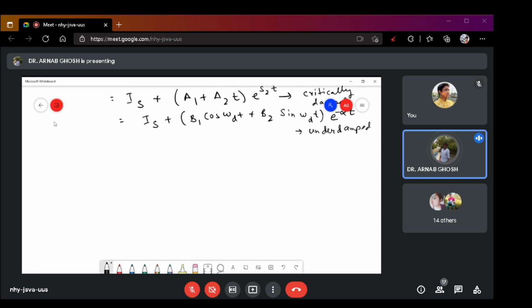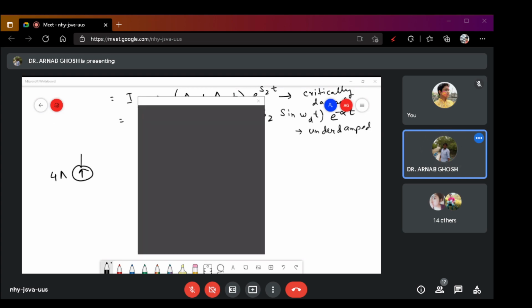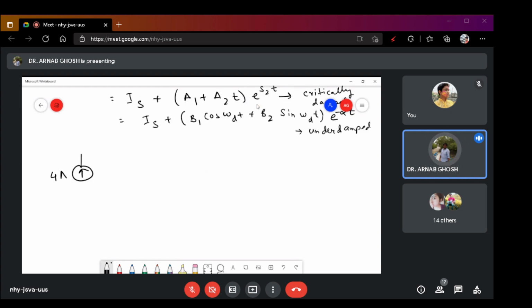Next, what is the problem given to you? You are having a current source of 4 ampere, an inductor of 20 Henry, then you are having a switch here which is getting closed at t equals 0.